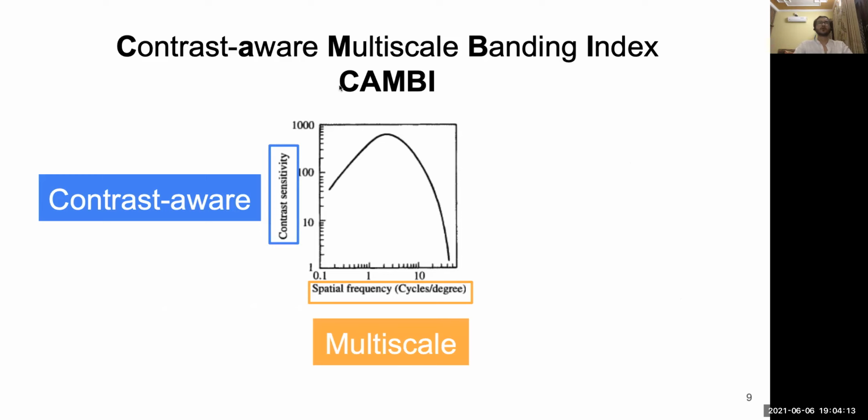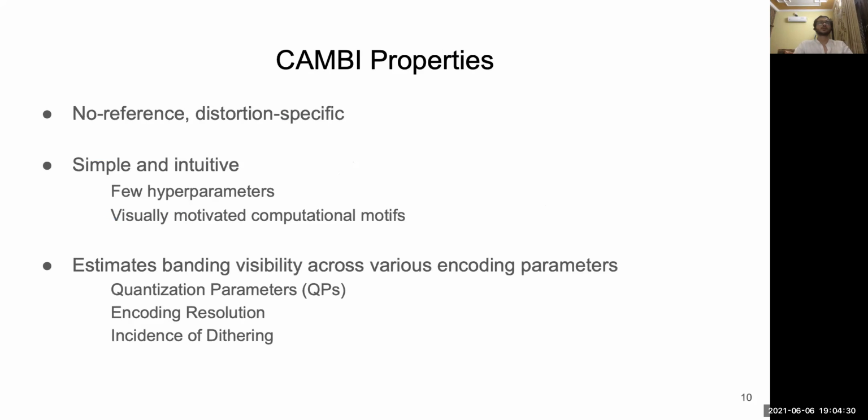CAMB, or Contrast Aware Multi-Scale Banding Index, tackles both of these issues by first being contrast aware, which accounts for the contrast sensitivity axis of this curve. It also has a multi-scale component, which accounts for the spatial frequency. Let's summarize what CAMB does. CAMB is a no reference distortion specific metric for banding. It's extremely simple and intuitive with very few hyperparameters and visually motivated computational motifs.